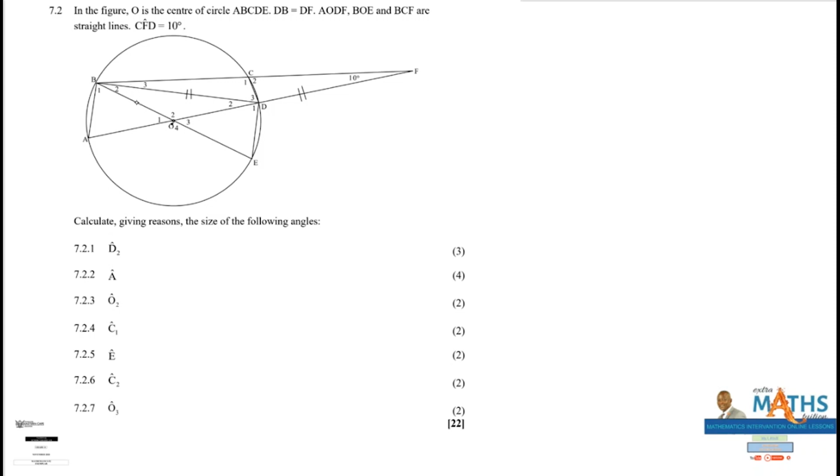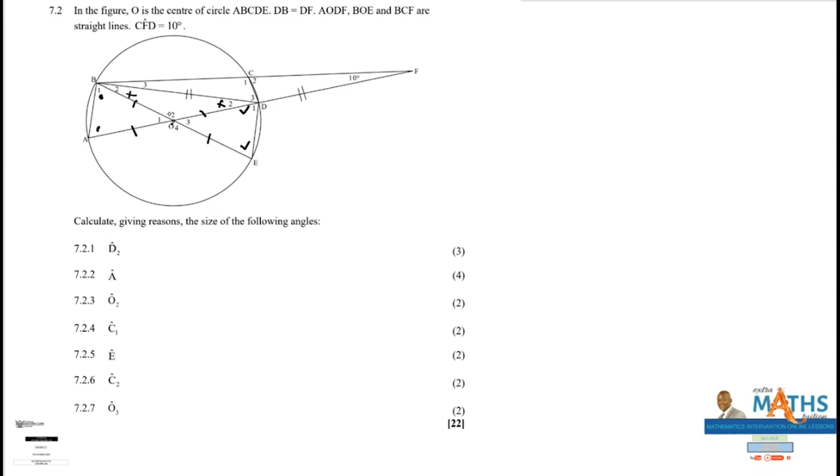Then I have a radius which is OB, a radius which is OA, a radius which is OD, a radius which is OE. There are many things that we know about the radius. The first one, if we create a triangle ABO, then you can attest with me that B1 is equal to angle A. And with this triangle, you can agree with me that D1 is equal to angle E. Now, if I'm still at the angle at center O, D2 again is equal to B2.